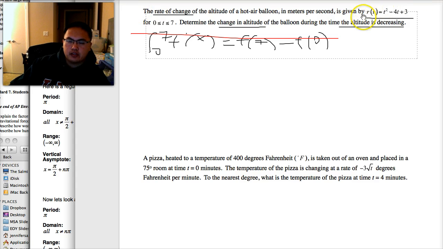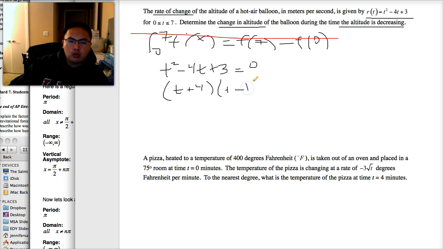So do you see how this is my derivative function? It might be a review for some of you, but to figure out where something is increasing and decreasing, remember I take the derivative, which they already give me, and set it equal to 0. Does this sound familiar? Hopefully. Then I factor. T squared minus 4t plus 3 factors to t minus 3 and t minus 1.